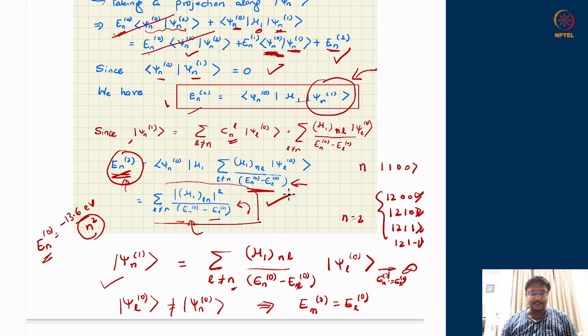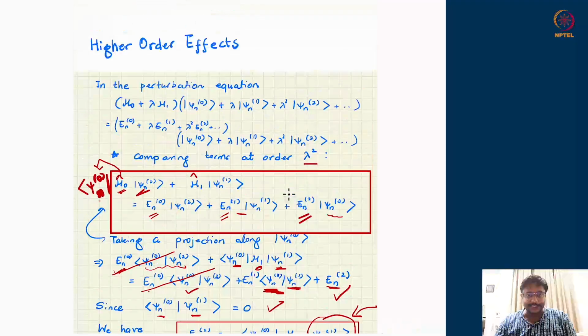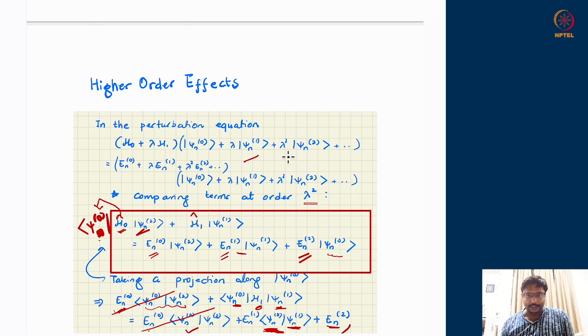Because as we discussed, there was a recurring theme: one thing sets the other. So if that happens, no longer I can say these corrections are small. If things start blowing up, psi n1 blows up, En2 blows up, I can no longer trust this perturbation expansion.